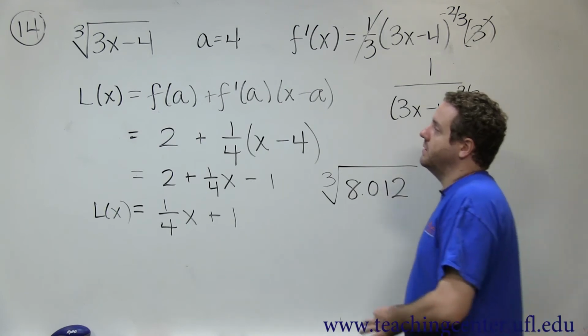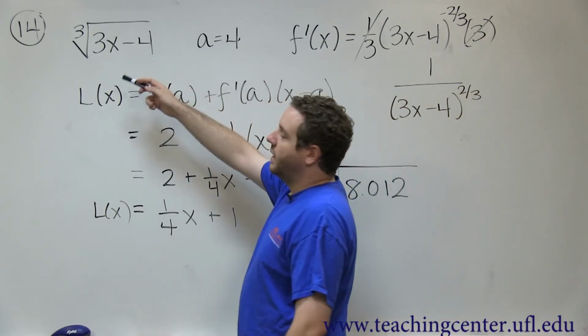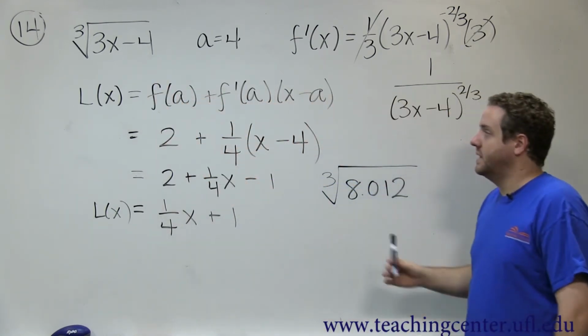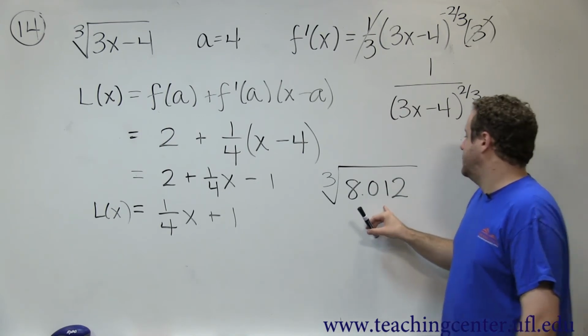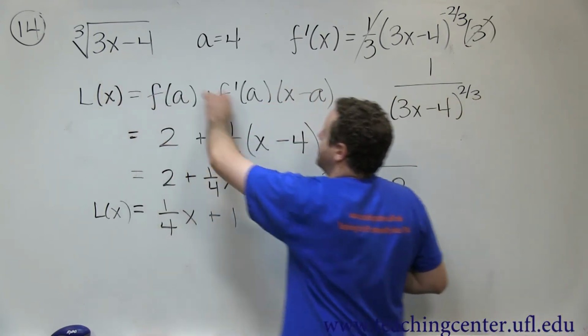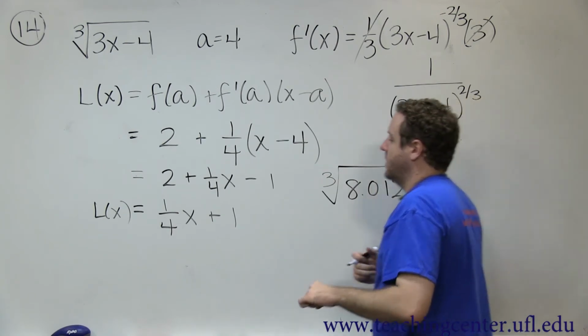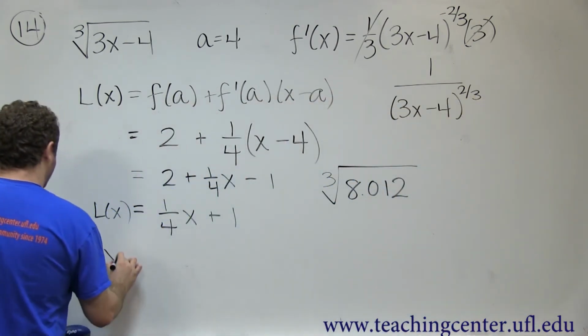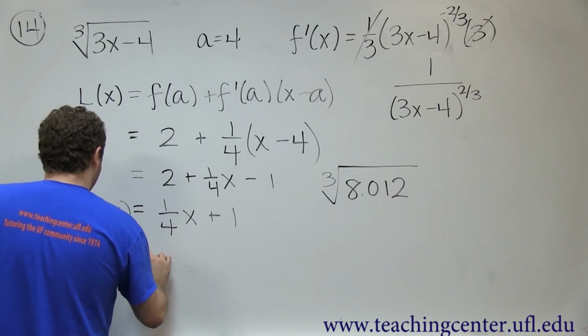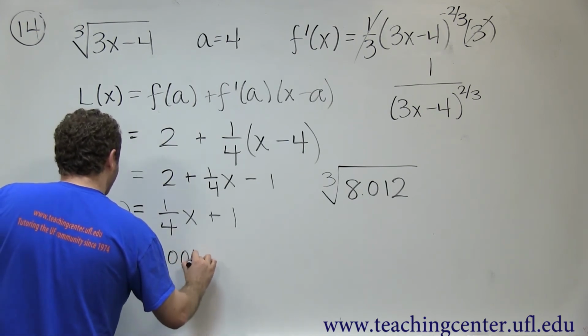Well, I know that if I plug in 4 for x, I get 8. So it's got to be pretty close to that. And all you need to do is figure out, you're multiplying something by 3, and you have to end up with a 0.012. So the x that we're actually going to plug in is going to be 4.004.